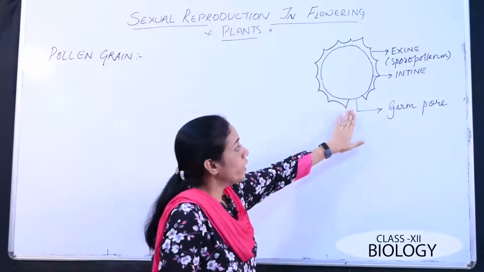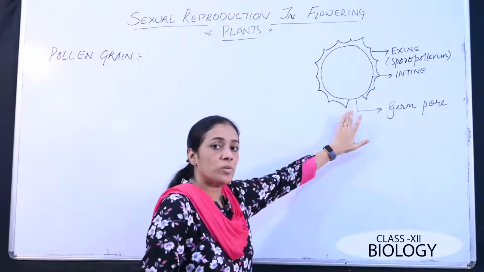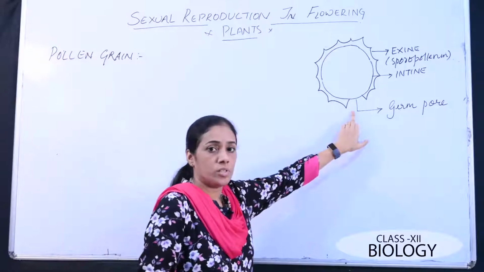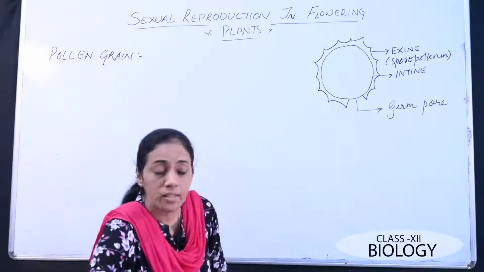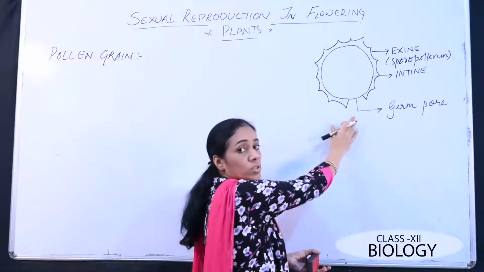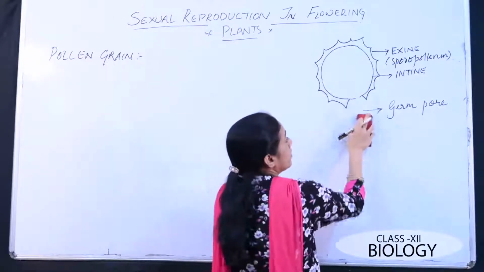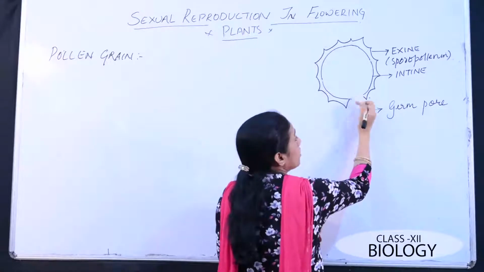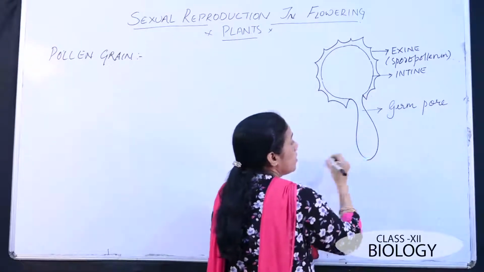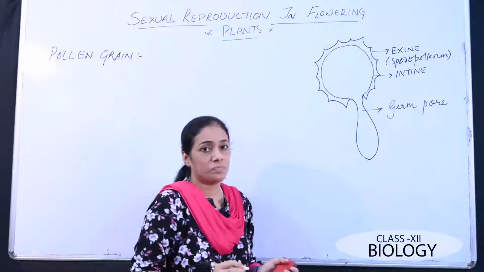My next question will be, why is the sporopollenin absent over here? The reason behind it is that this space, the germ pore, is the place through which something emerges. You can see that a pollen tube emerges.